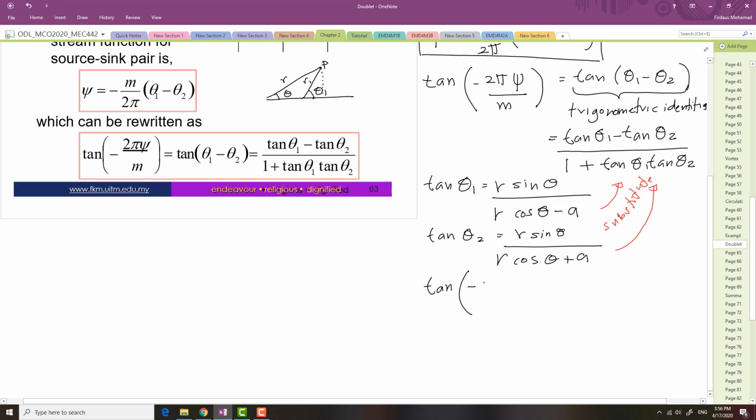tangent of negative 2 pi psi. After you substitute, you basically will get 2ar sine theta over r square minus a square.